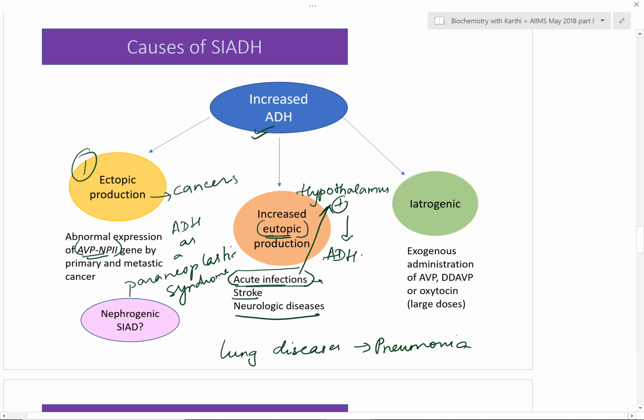There will be an excess of cytokines released, and these cytokines have been hypothesized to stimulate the hypothalamus. In stroke and neurological disease, it is a direct stimulation of the hypothalamus as it is a CNS dysfunction. In lung diseases, they have also said that the decrease in the PaO2 or a decrease in the oxygenation can also stimulate the hypothalamus and cause it to release ADH.